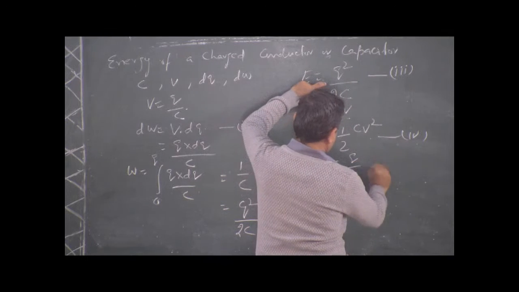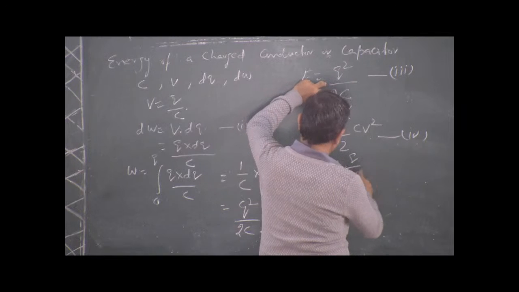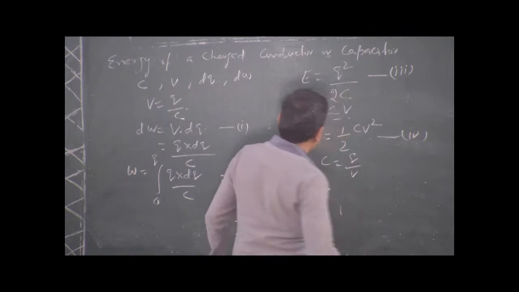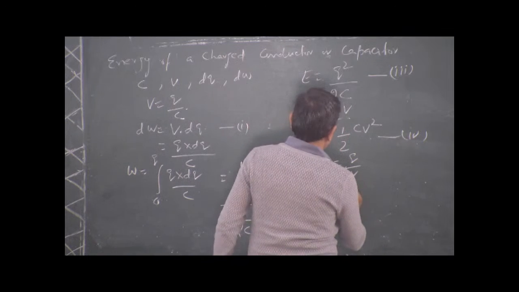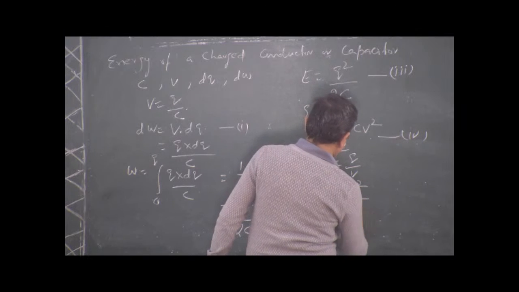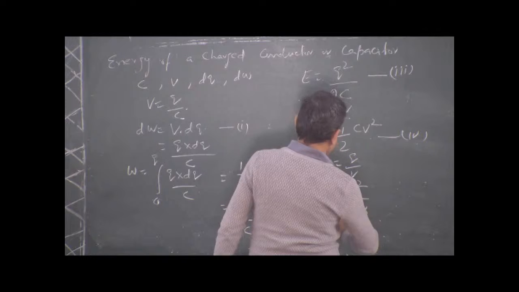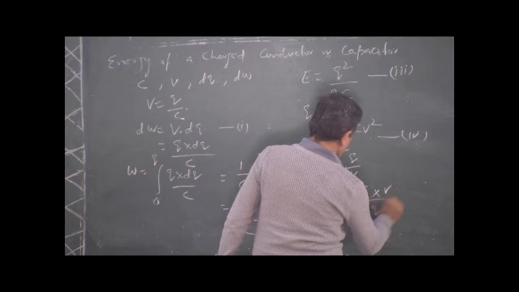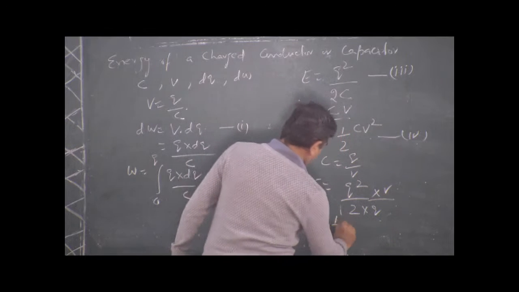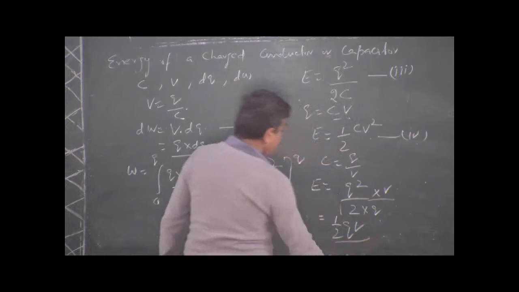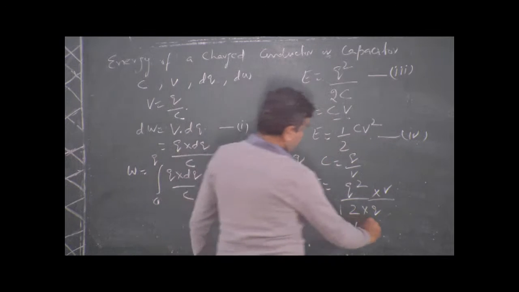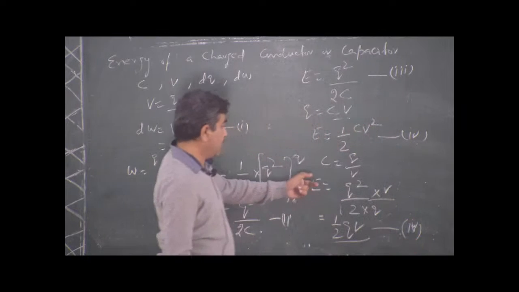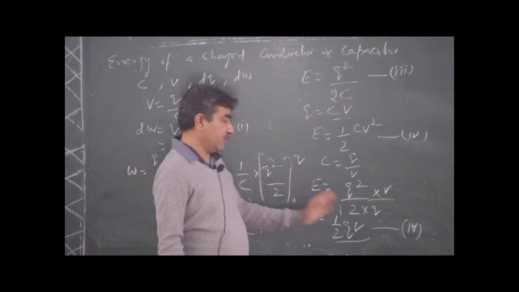So just put the value of C is equal to Q upon V here. So it will be equal to Q square by 2 into Q upon V, so it will be equal to 1 by 2 QV. This is another form of expression for the energy stored in the conductor or capacitor.